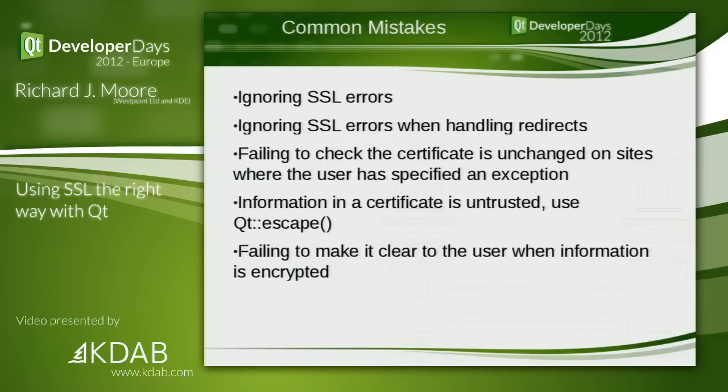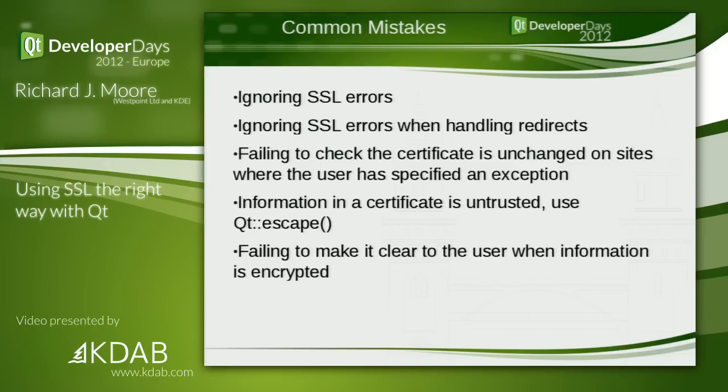And it's easy to think, well, redirects are safe. They're really not. And you have to treat them with the same security constraints as any other connection. So what you need to do is not ignore SSL errors on redirects. Treat it exactly like you would when you're displaying the web page. That's a very common mistake.